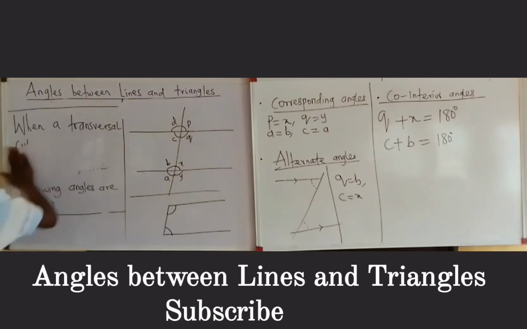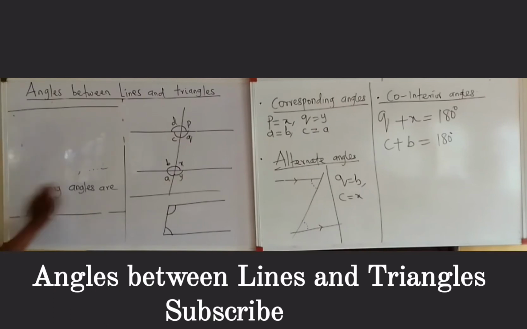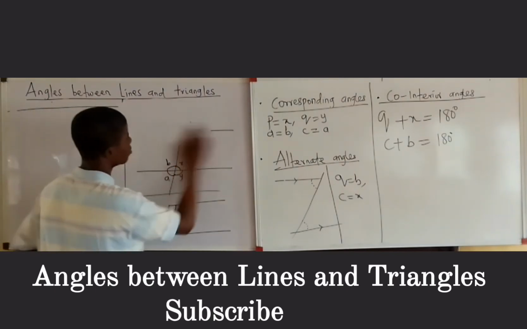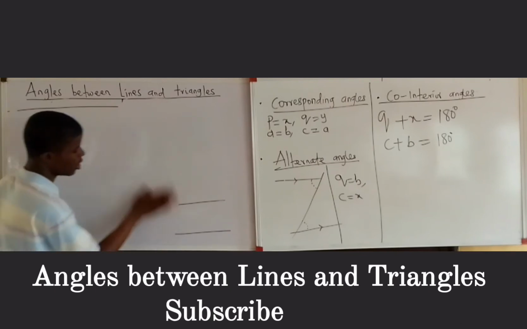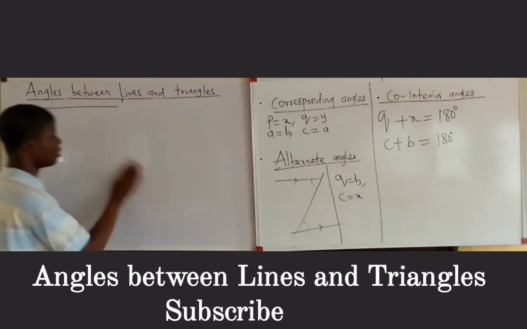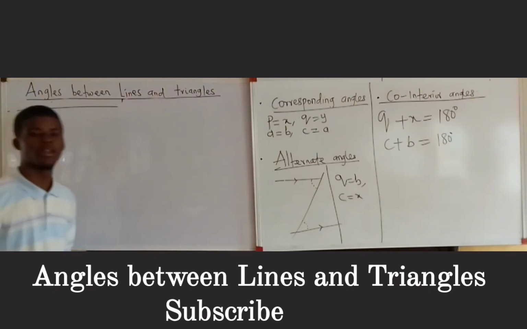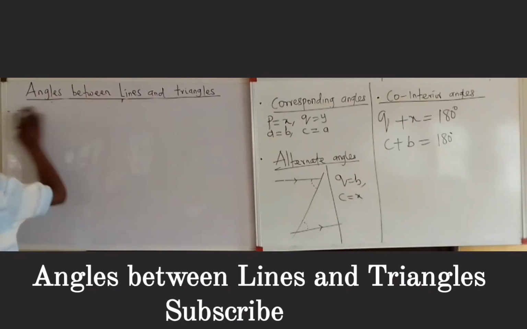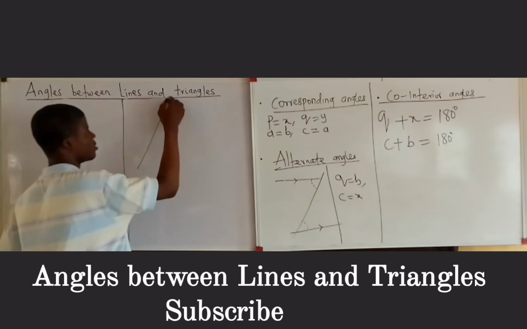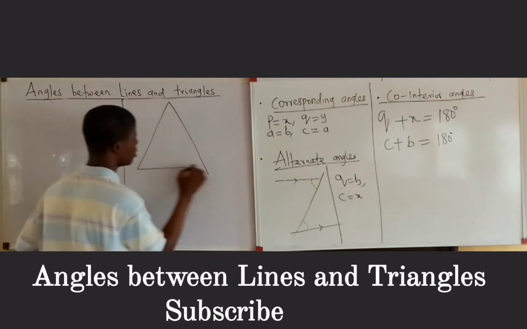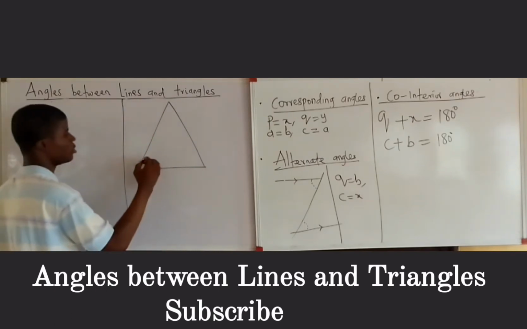So let's talk a little on angles in a triangle. A triangle is a plane shape with three sides. I'm going to draw two triangles on the board with two separate rules.